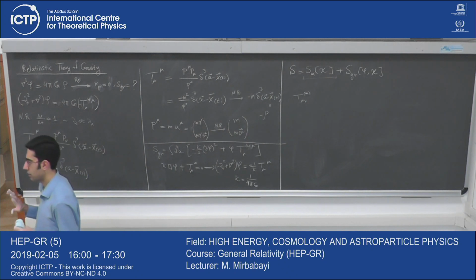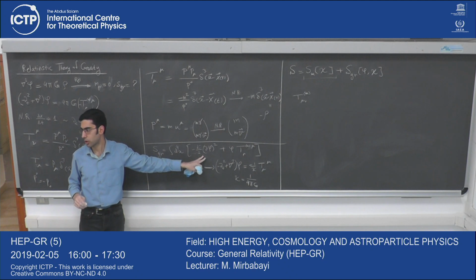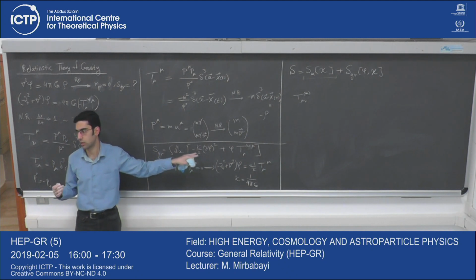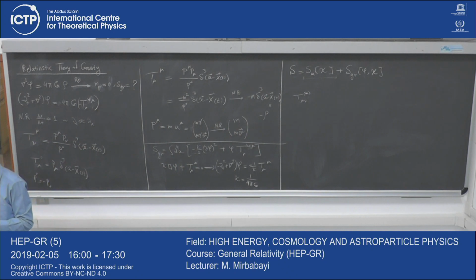You can easily verify that this phi field and the contribution that comes from this gravitational part to the full T mu nu is small if you go to the non-relativistic limit. If we go beyond that, then the contribution from this part can be important. And it includes a self-interaction for the field phi.